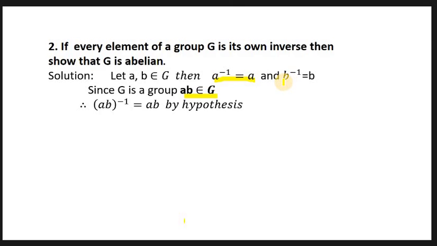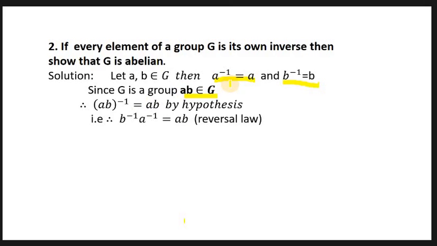A inverse is equal to A and B inverse is equal to B. So AB whole inverse is equal to AB. Now by the reversal law, AB whole inverse can be expanded as B inverse A inverse, which is equal to AB.